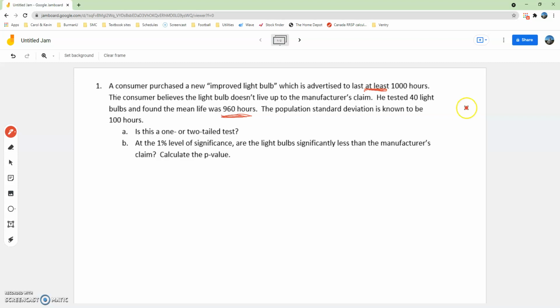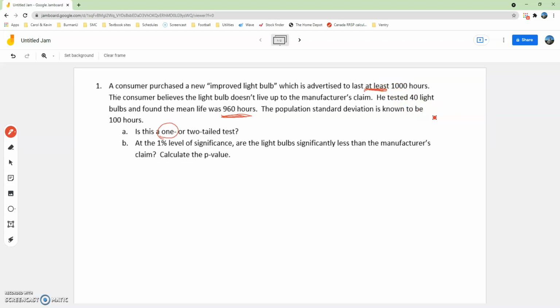The population standard deviation is known to be 100 hours. First part, is this a one-tailed or two-tailed test? This is definitely a one-tailed test because of words like this. Remember, a one-tailed test is going to have words like more, less, greater, at least.